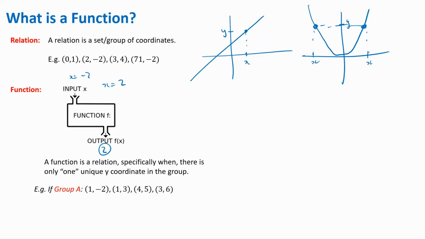Then we lead on to, let's say, cubic. Why is that a function as well? If I drew it like this, why is that a function? Let's have a look. If I chose any x value, it's got this coordinate here, so this is one y value, but notice this y value is paired with 3 x values. So I can have x equals negative 2, x equals negative 1, and x equals 5.